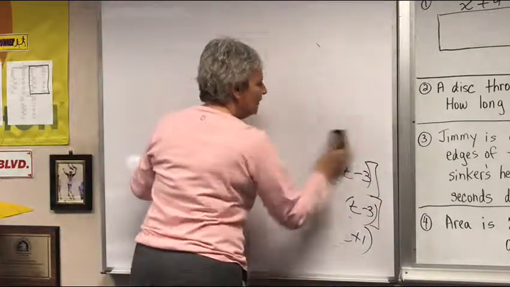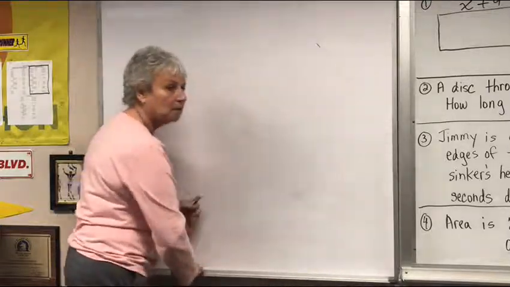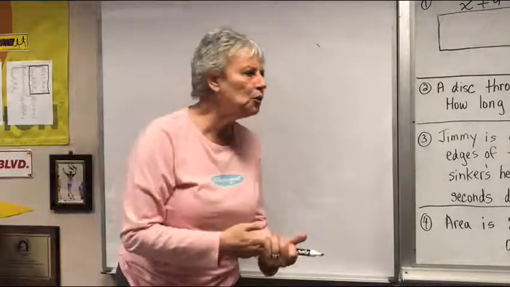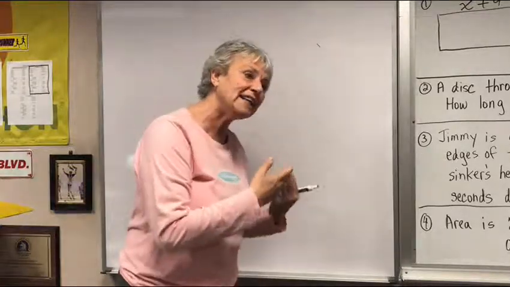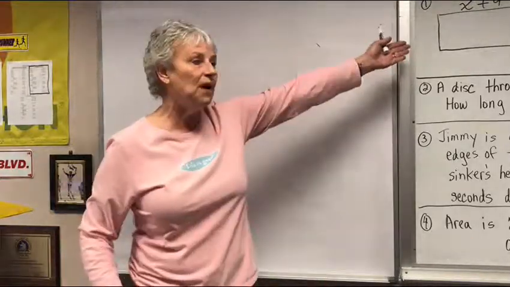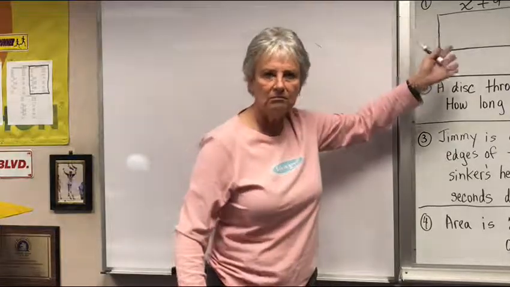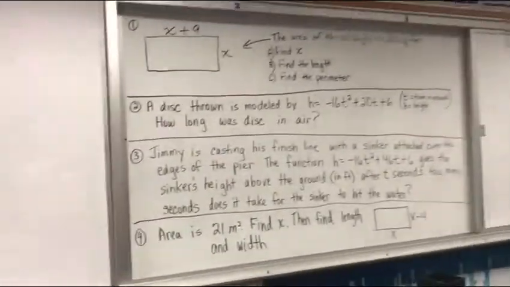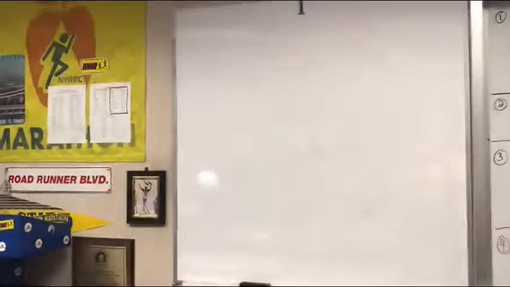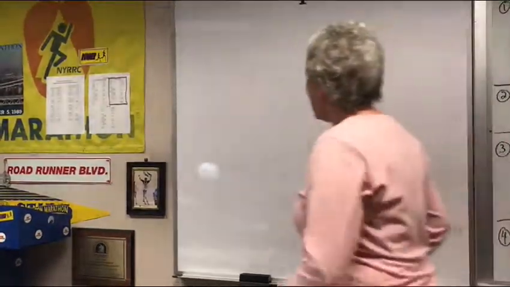Now, the other kind of story problem has nothing to do with a parabola. It has to do with a quadratic equation that comes from an area type problem. Okay, let's get that in the camera. All right.